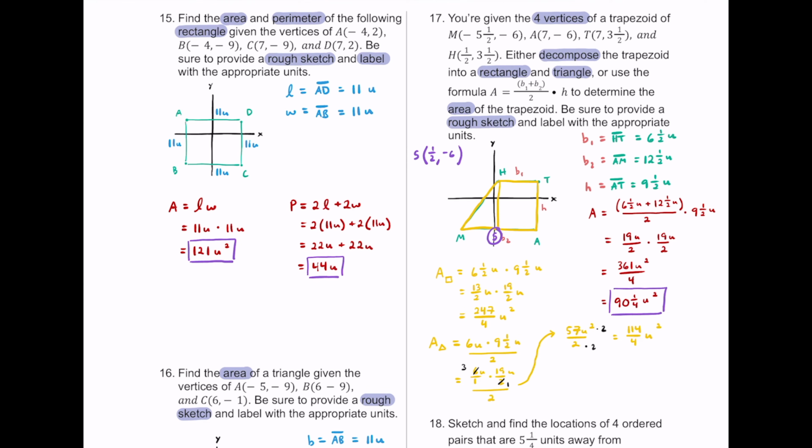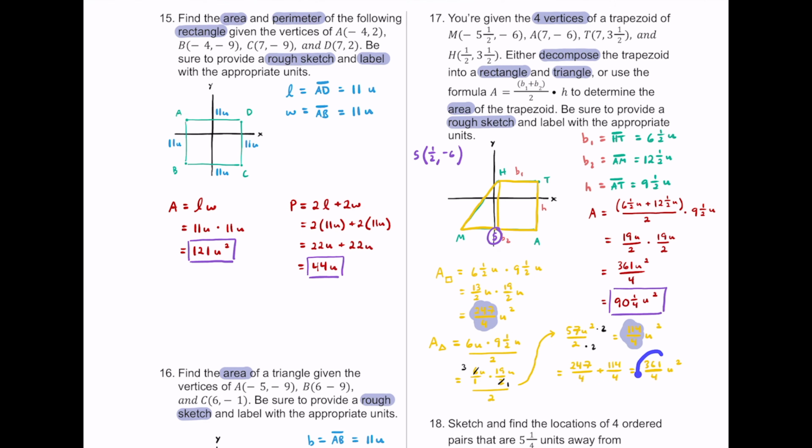And then so we can go ahead and take this 247 over 4 and then add that to 114 over 4. And so let's see, 247 over 4 plus 114 over 4. This should add up to 361. 361 over 4 units squared.